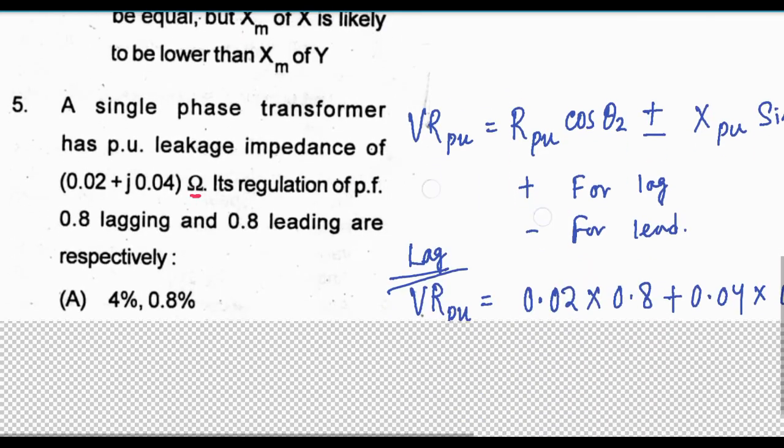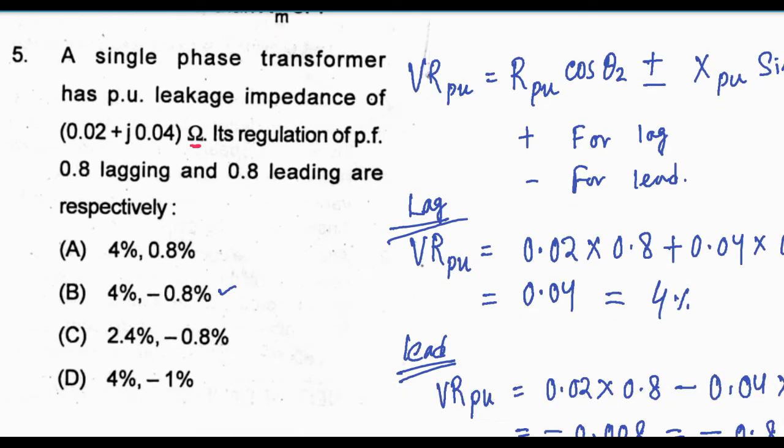Next question: a single phase transformer has per unit leakage impedance of 0.02 plus j0.04. Its regulation at power factor 0.8 lagging and 0.8 leading are, respectively?